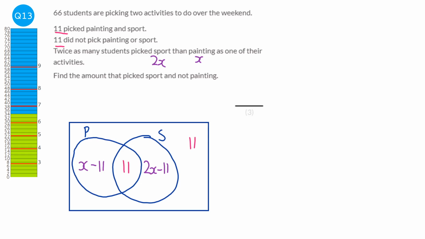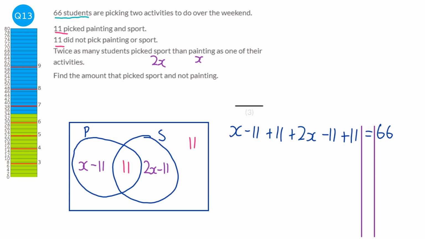Now we know that there are 66 students in total. So what we can do now is add up all of the parts of the Venn diagram and get it equal to 66. So X minus 11 plus 11 plus 2X minus 11 plus 11, and all of that will equal 66.